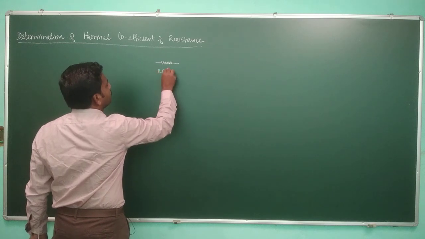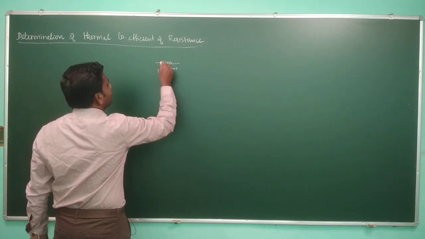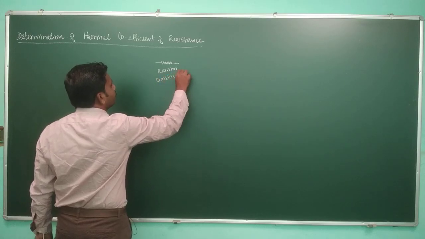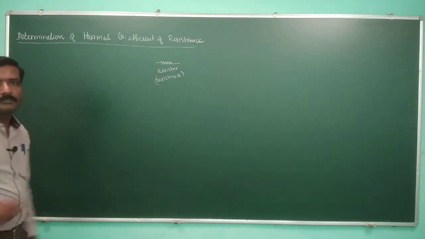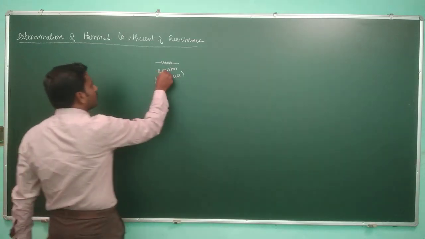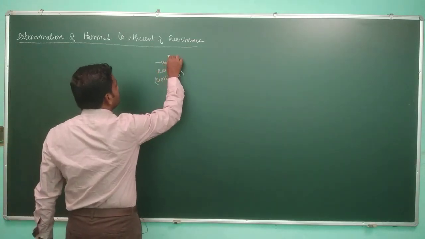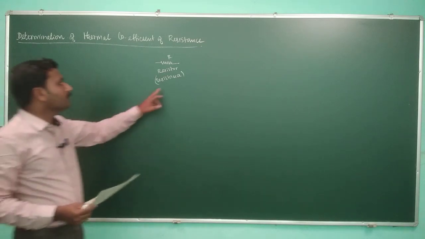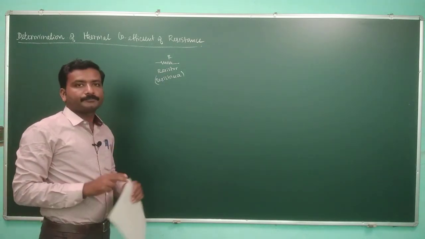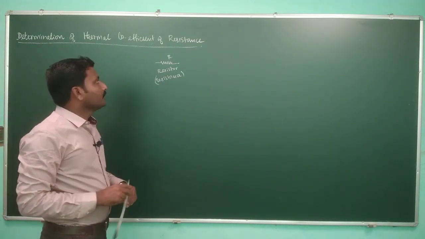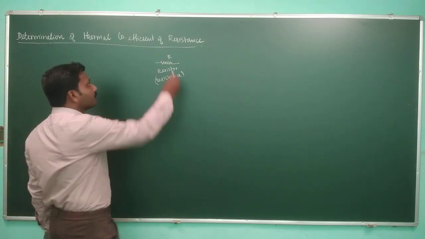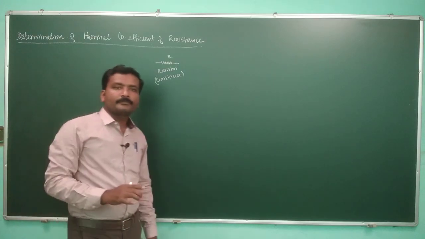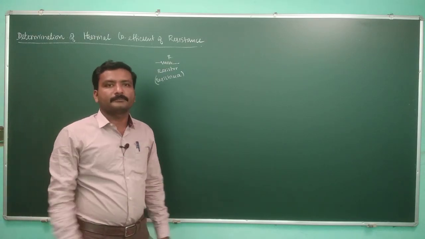Resistor is a component and resistance is the value that it holds. For this particular resistor, we used to say it has the value R, the numerical value of this resistor. Usually we used to say this as a constant, but indeed it is not a constant.